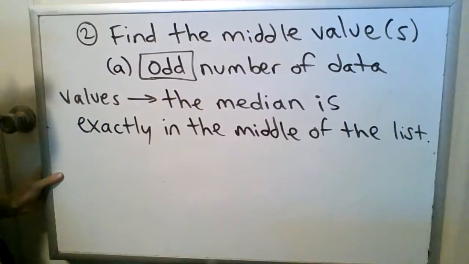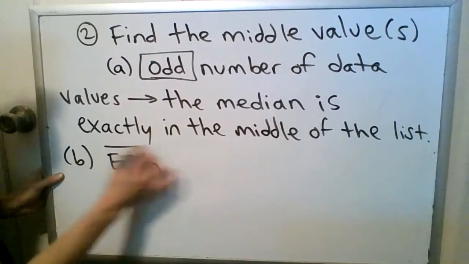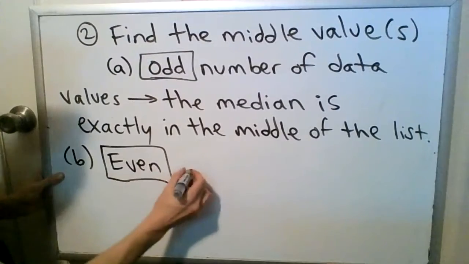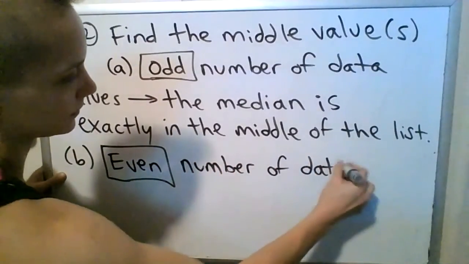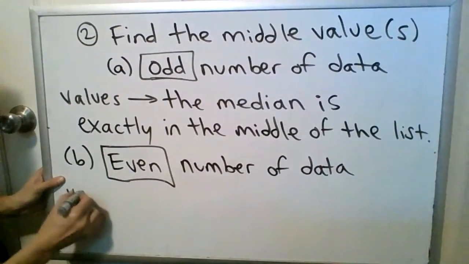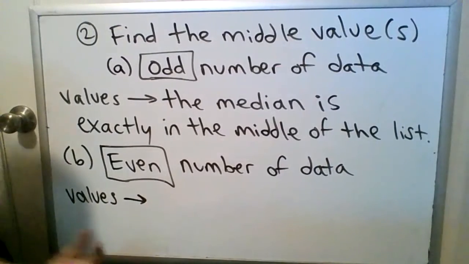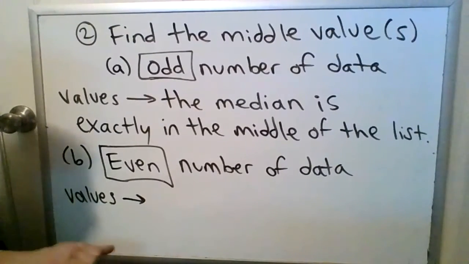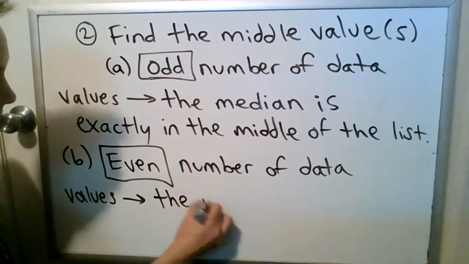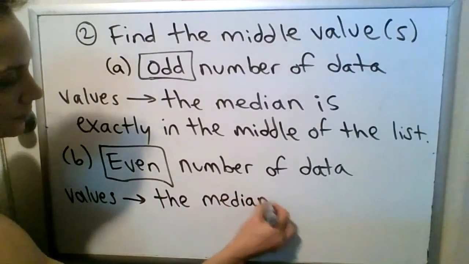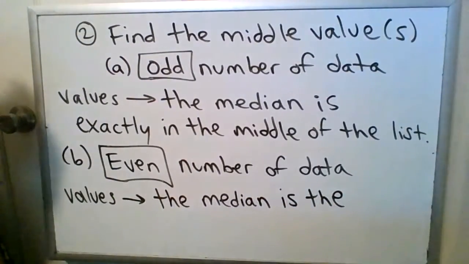But if it's an even number of values, there's going to be 2 numbers in the middle. Part B, even number of data values. We're going to use the median as the average of the 2 numbers in the middle.